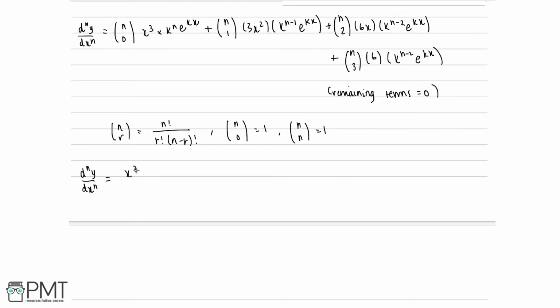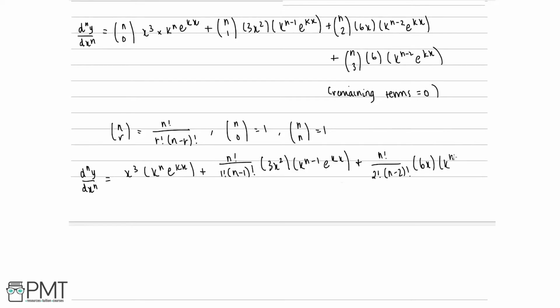And thus, the nth derivative of y is equal to, well, n choose 0 will just be 1, so it will be x cubed multiplied by k to the power of n e to the kx plus n choose 1, which will be n factorial all over 1 factorial multiplied by n minus 1 factorial multiplied by 3x squared multiplied by k to the power of n minus 1 e to the power of kx plus n choose 2, which will be n factorial all over 2 factorial multiplied by n minus 2 factorial times 6x multiplied by k to the power of n minus 2 e to the power of kx plus n choose 3, which will be n factorial over 3 factorial multiplied by n minus 3 factorial multiplied by 6 multiplied by k to the power of n minus 2 e to the power of kx.